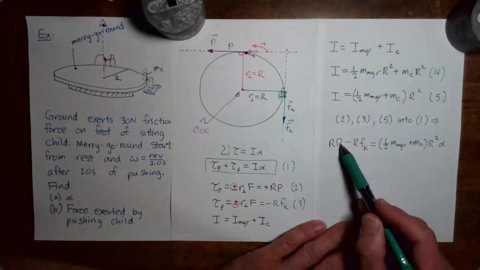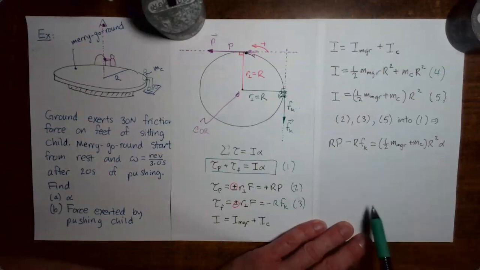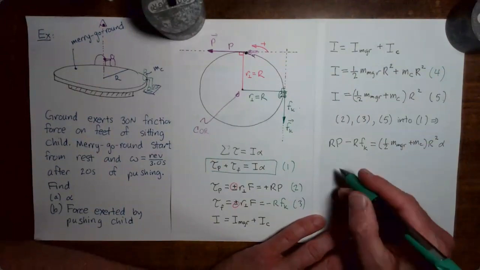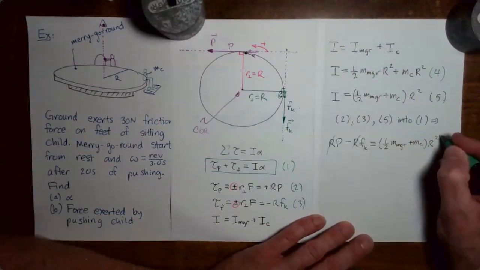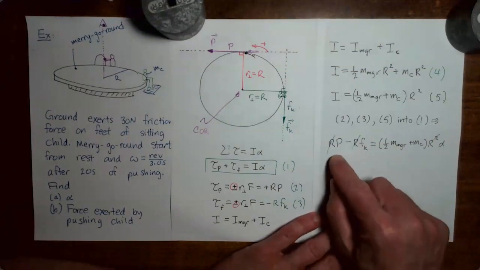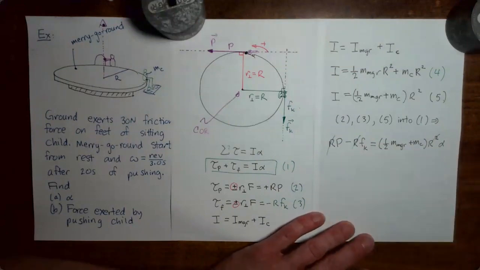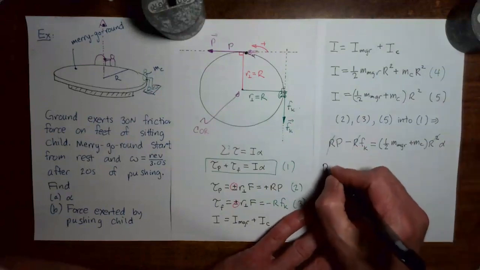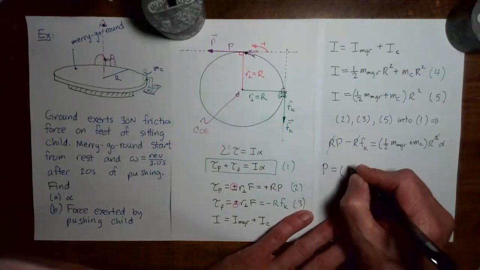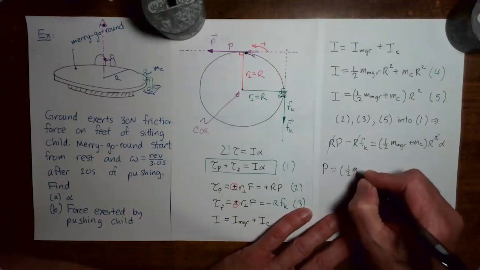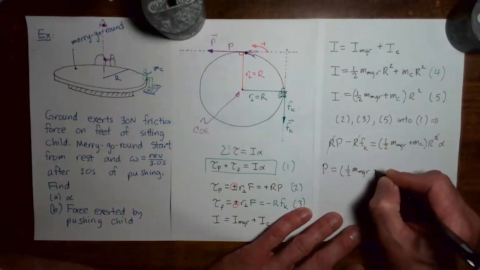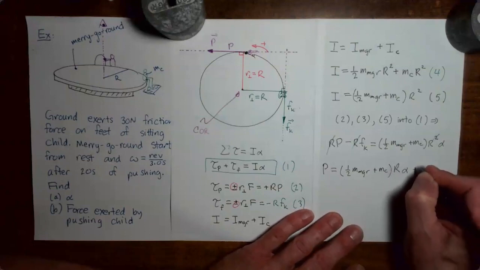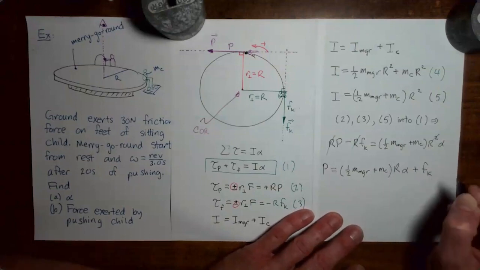So let's just isolate this and then make our substitutions, and then we'll be done. Let's start by dividing through by r. From there, I can just take that Fk to the other side. So I then have P equals 1/2 mass merry-go-round plus MC, all of that times R alpha, plus Fk.